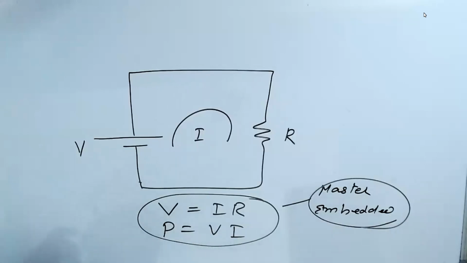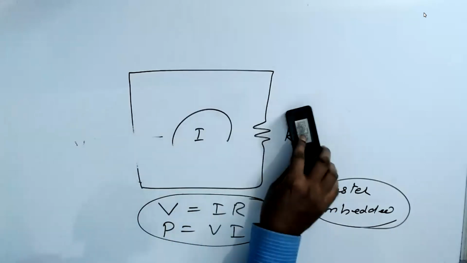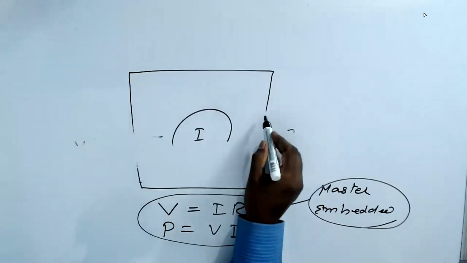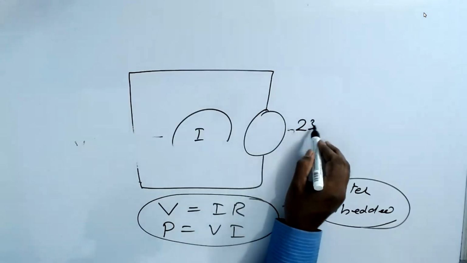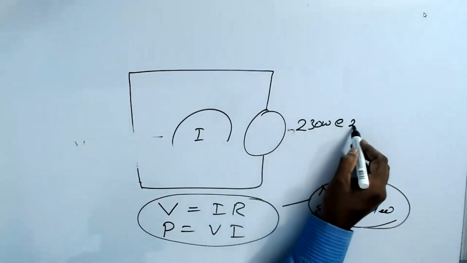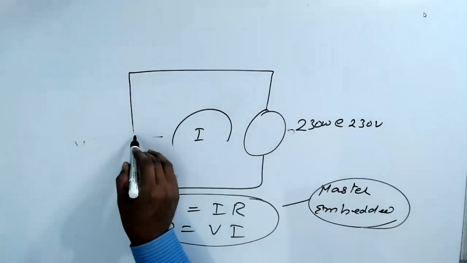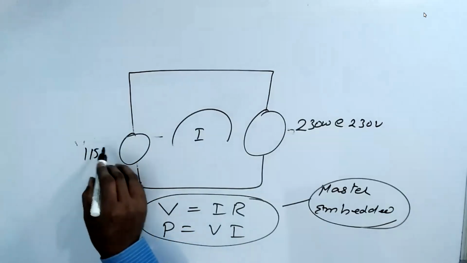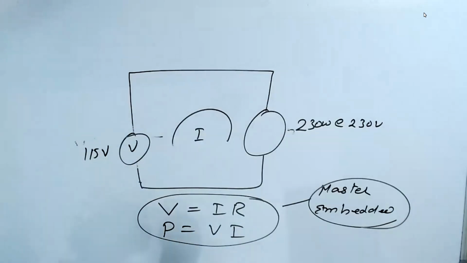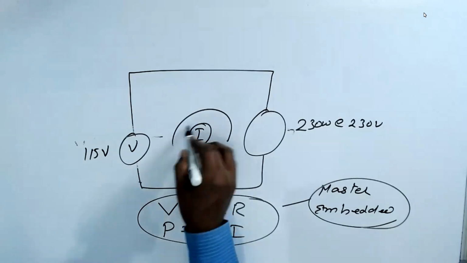That is what we discussed that day, various mechanisms, such as a bulb of 230 watts at 230 volts, and I apply here 115 volts. Then we discuss what is the current.